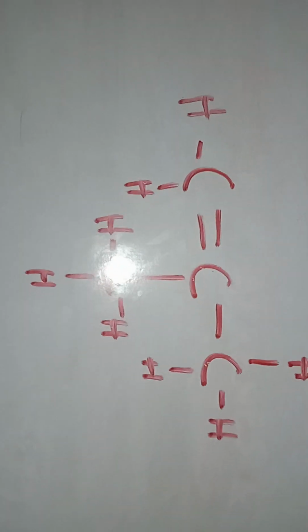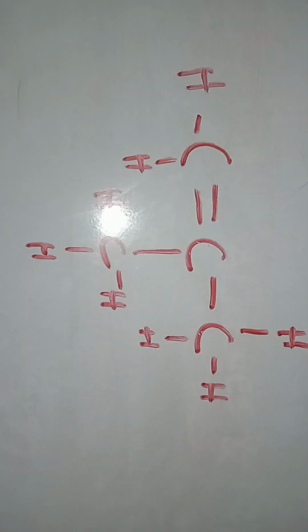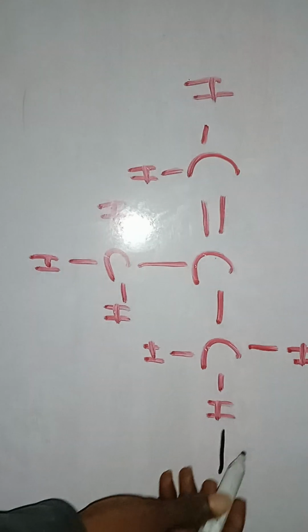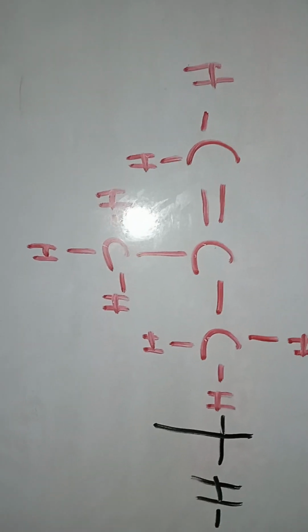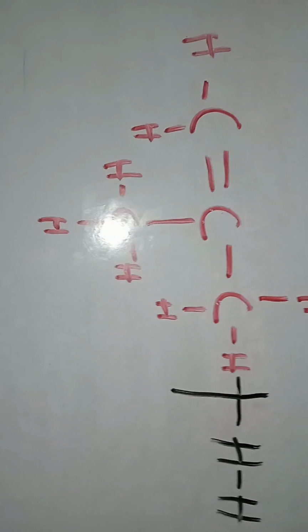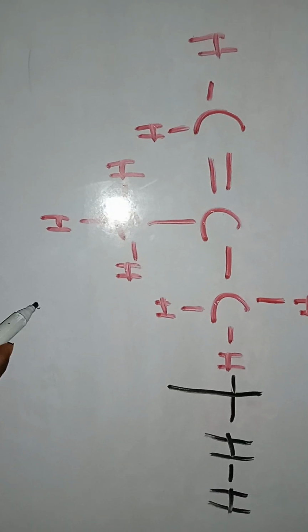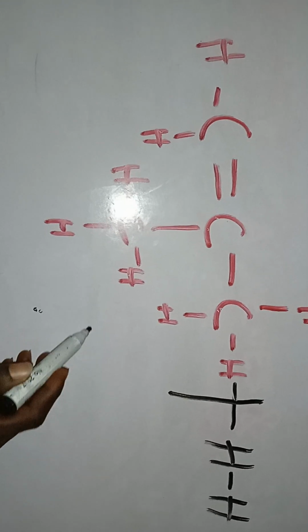Now let's see. We now know that this can only undergo 4 major reactions. So let's add hydrogen to this. Hydrogen, think of it this way. Naturally, for it to be an alkene, it lost 2 hydrogens. Notice this.